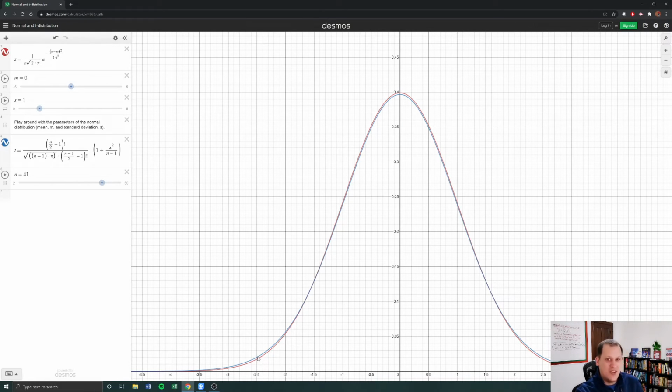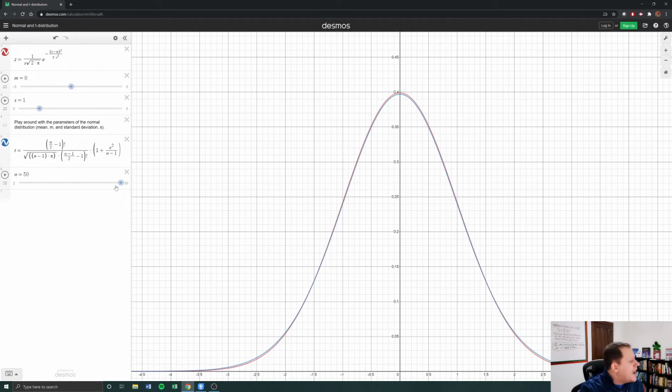Those tails for the T curve are still a little thicker with n equals 41, which means degrees of freedom is 40. We can even go up to 50 here. And there is still a difference, but it's very small. You can see that as n and the degrees of freedom increase, the T curve approaches the standard normal curve.